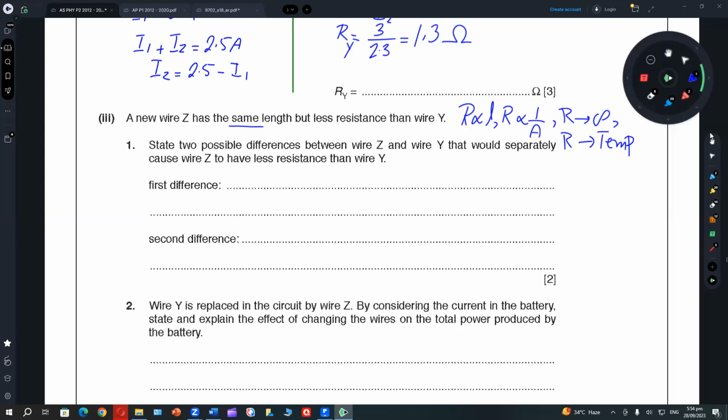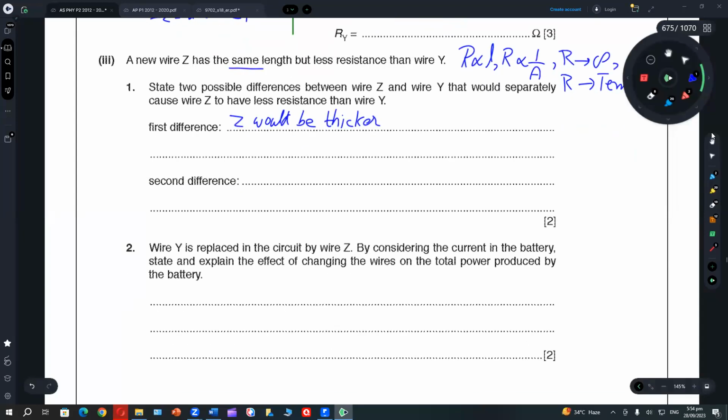Less resistance than wire Y means Z would be thicker, as you said, the diameter approach.